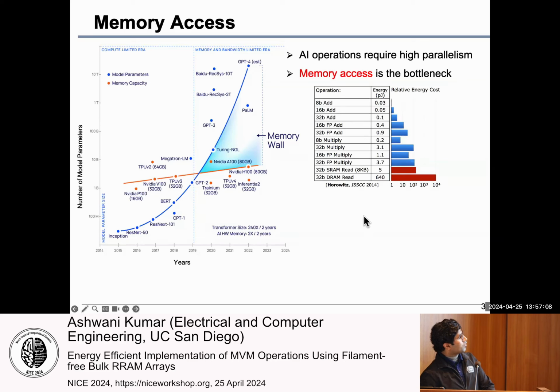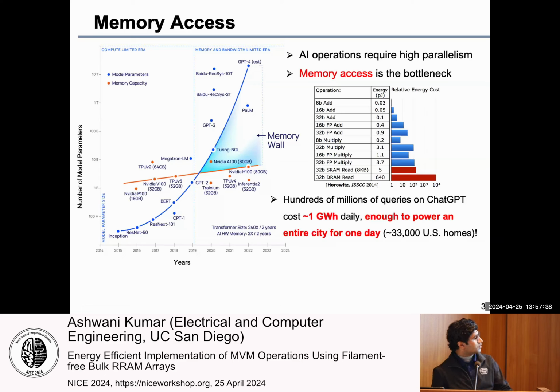This can also be verified using this figure, which clearly shows that the energy consumption of multiplication of two numbers is orders of magnitude less than accessing the memory. And usually, as scientists in the electronics field, we never look at the implications of these energy figures on the environment or on our general life.